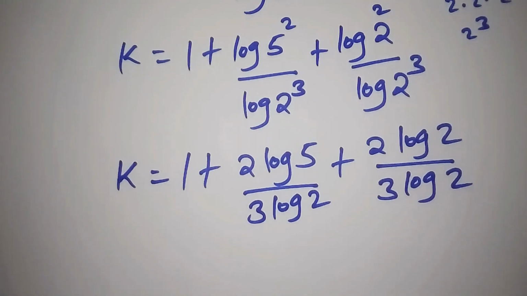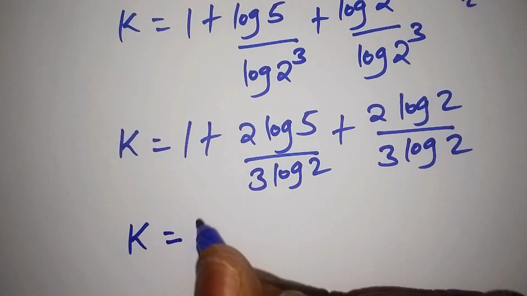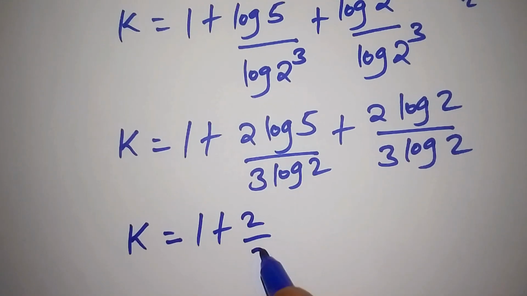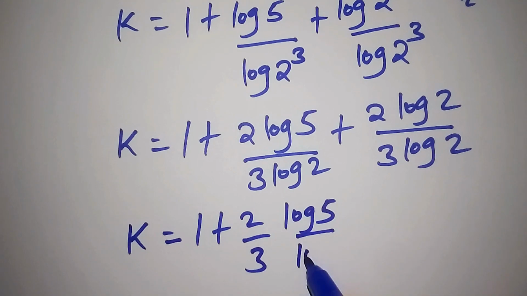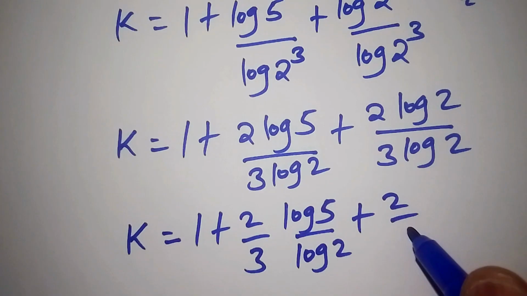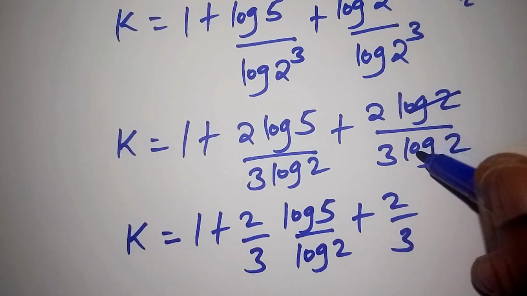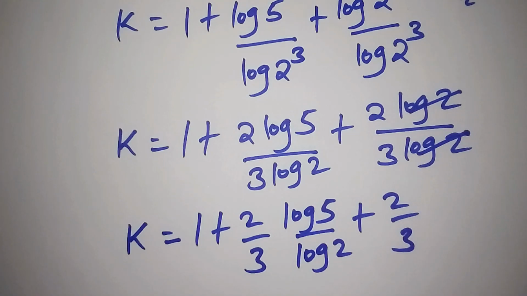So next, k is equal to 1 plus 2 over 3 times the log of 5 all over the log of 2, plus 2 over 3. Here the log 2 and log 2 cancel, so we remain with 2 over 3.